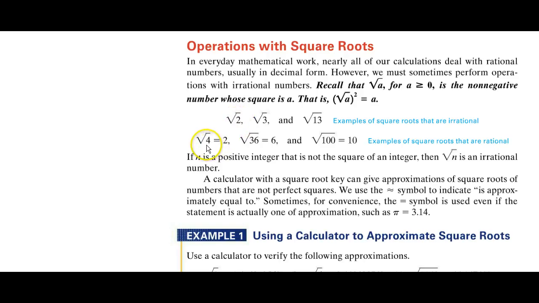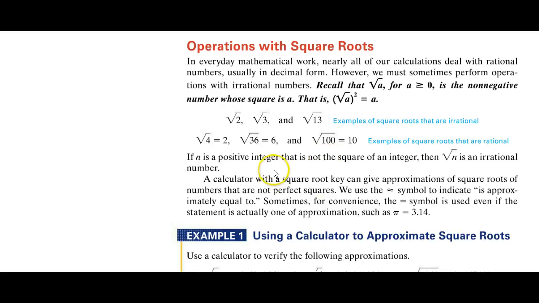So, looking at these, they are not perfect squares, so therefore they're considered irrational. But the square root of 4, as I just mentioned, is a perfect square, so therefore when you take the square root of it, you end up with 2. Remember, the radical sign is an operational sign. It says take this of that number. And this is a perfect square, and so is this.